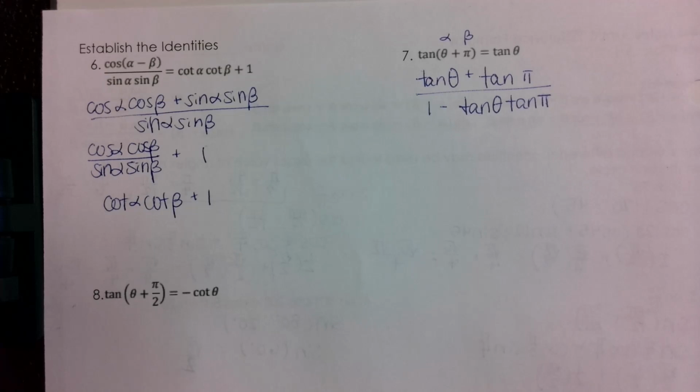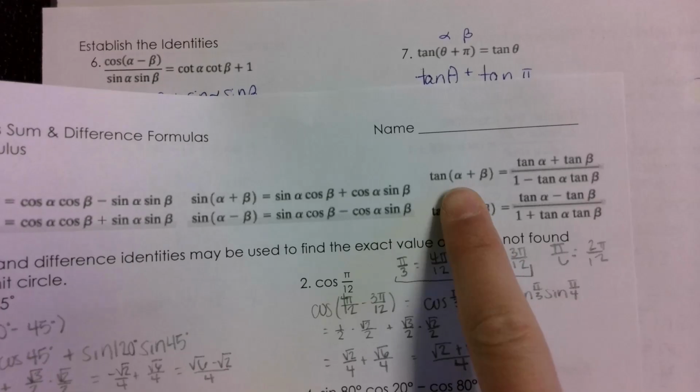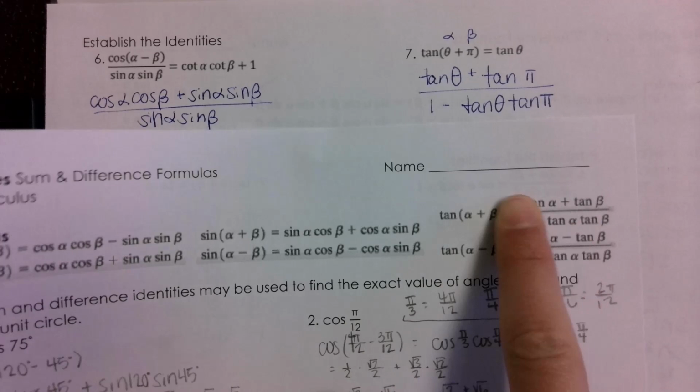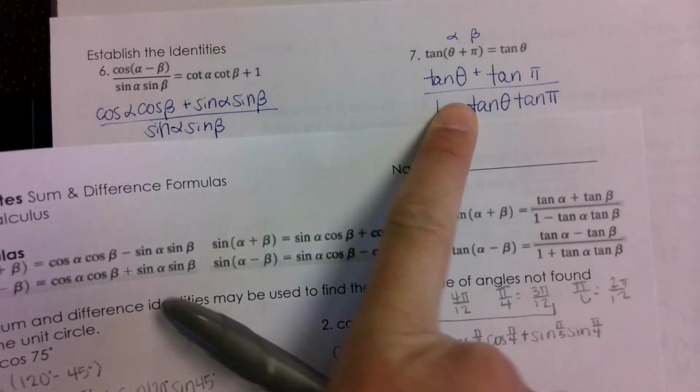Is that okay? Question. So again, we were just using this formula. So we just replaced the alpha with the theta and the beta with the pi. That's it. Is that okay?